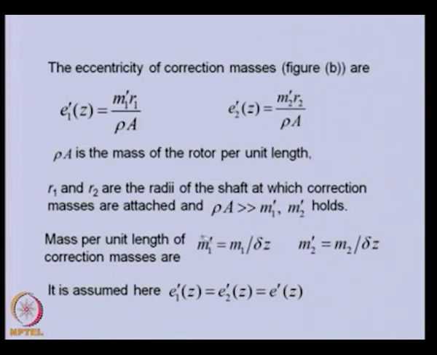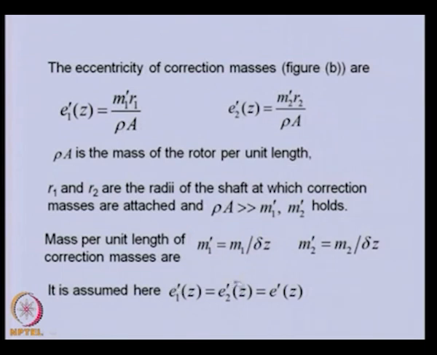So M1 prime is the mass per unit length of the correction masses in plane 1, and this is in plane 2. And we are assuming this particular eccentricity which we are calculating, because the masses which we are putting in the correction planes will not be much different.